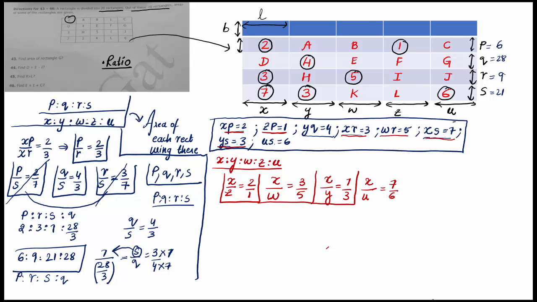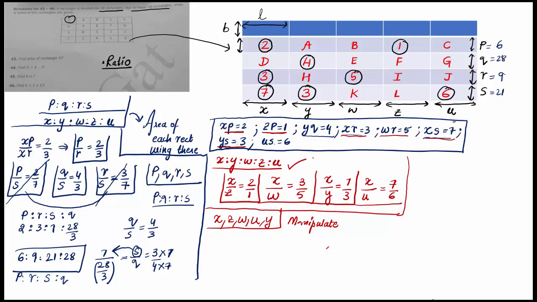Hope you are clear with this, right? This information is pretty clear with us, and these are the values I have with me. Now I have x, z, w, u and y. All the values are there in this. I just have to manipulate them so that I can get the ratio of x is to y is to w is to z is to u, right?